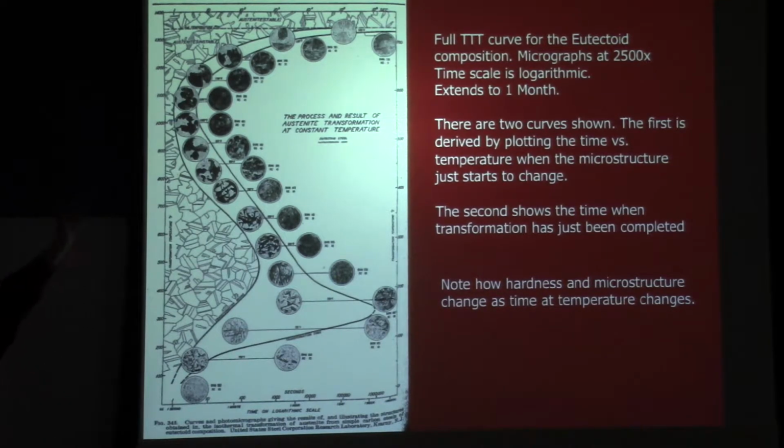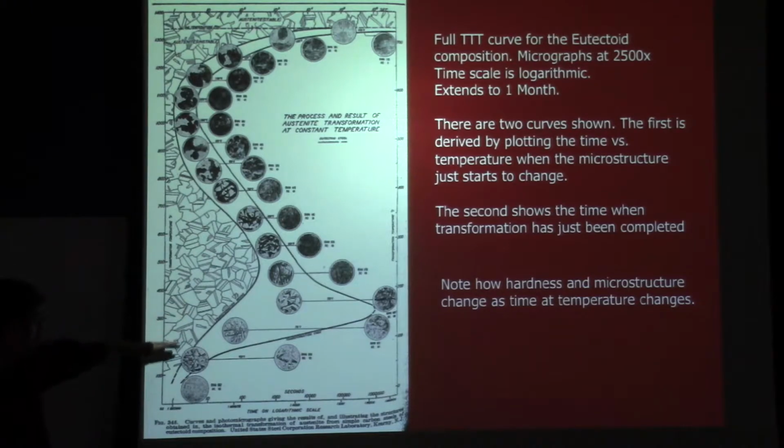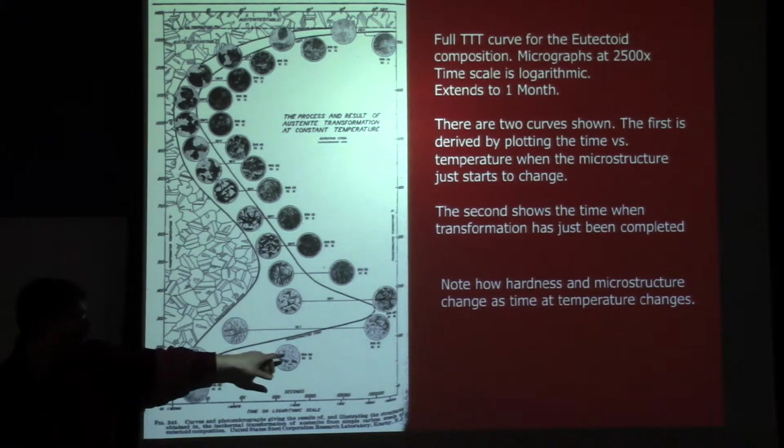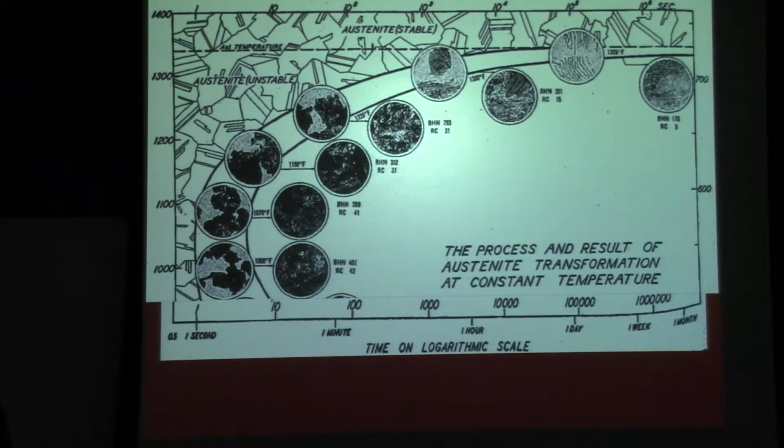If we cool to lower temperatures and hold for shorter times and then quench, we get these kinds of structures here. And eventually we get down here where we're going to be forming martensite and having very hard structures. And again, we'll blow these up a little bit so you can see them better. So there's the top of that curve.